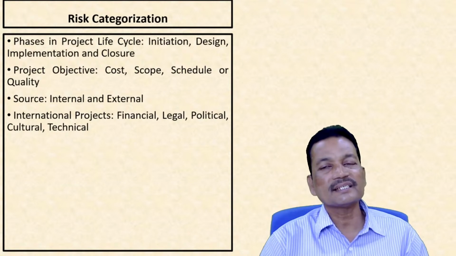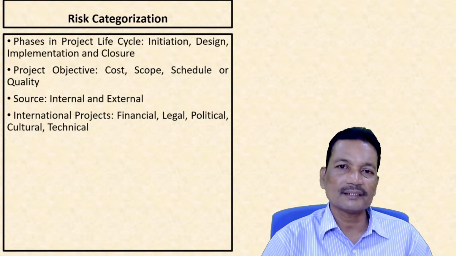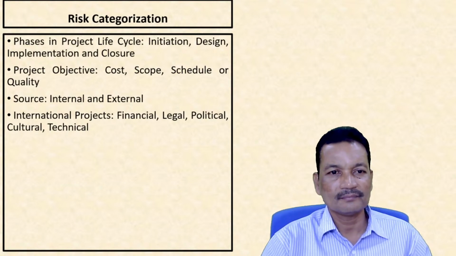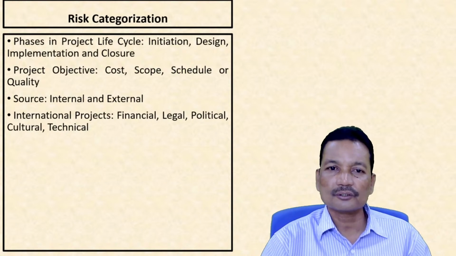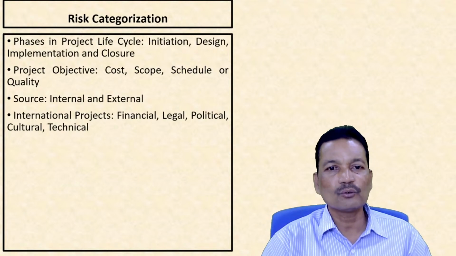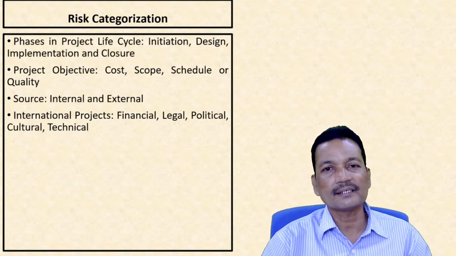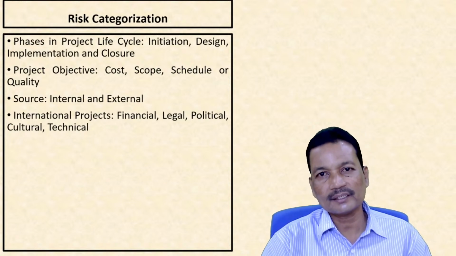So at which stage the risk may arise, accordingly you categorize them for the life cycle of the project. Then there is risk having an impact on cost or scope, that means goal, the time schedule or quality. These are also categorizations of risk according to the project objective.